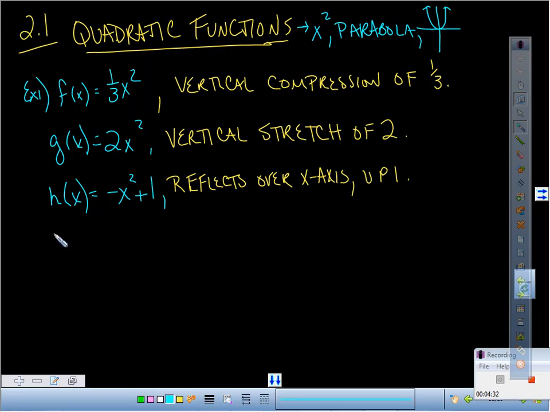Now let's look at this one. You most certainly do, and the reason is because when does that transformation happen?